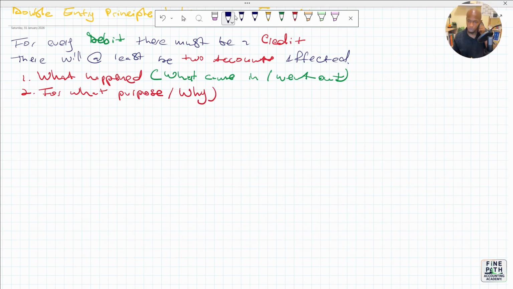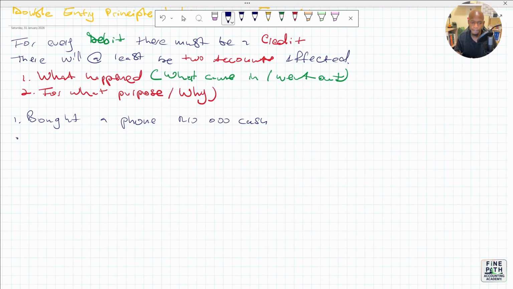So I will just write two simple transactions that I want us to attempt. The first one, let's say we've bought a phone for 10,000 rands cash.